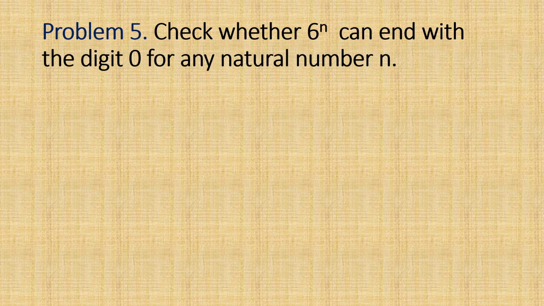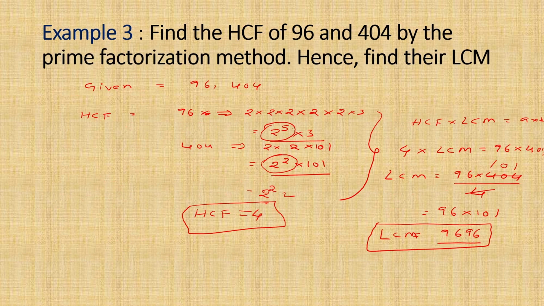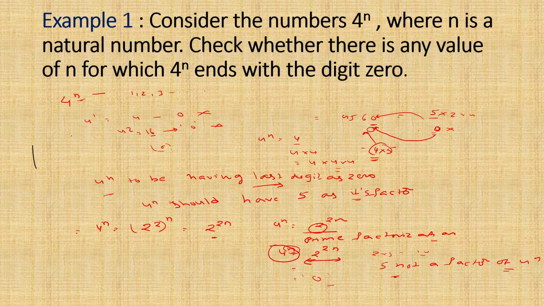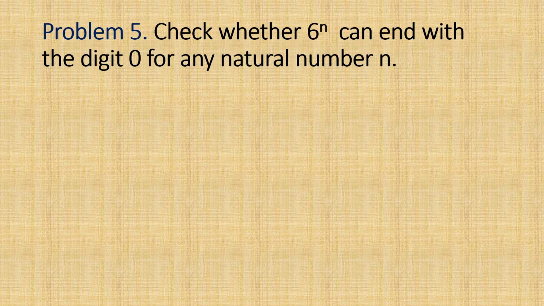So here check whether 6 power n can end with a digit 0 for any natural number. Here we have seen for 4 power n. Same thing. We have been given 6 power n. So 6 power n means 2 into 3 whole power n.